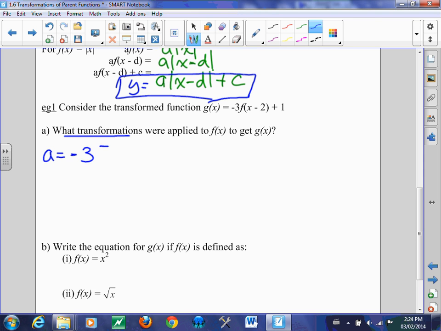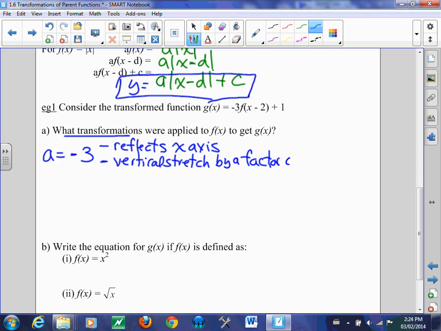First of all, it's negative, so therefore we know it reflects the x-axis. Okay, and the 3 tells us we have a vertical stretch by a factor of 3. Okay, that's A.